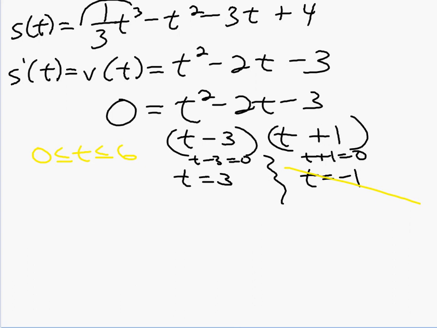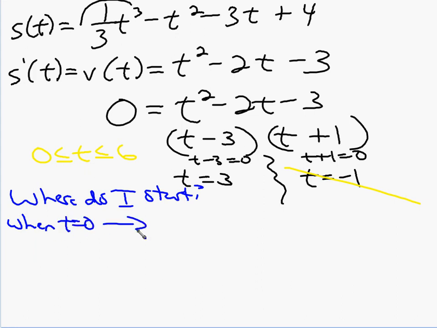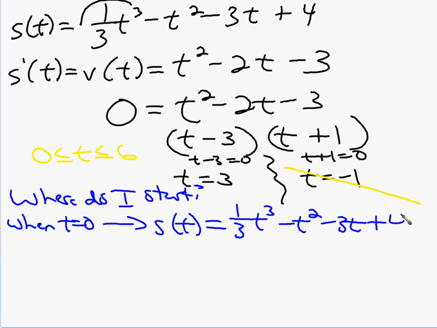Well, we're going to check what happens at time 0. Now, what am I going to do? I'm going to use the position function. I need to know where I start. When t equals 0, I'm going to use the position function, 1/3 t cubed minus t squared minus 3t plus 4, to find out where I'm at.